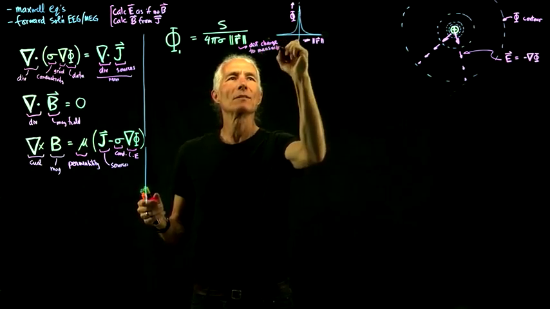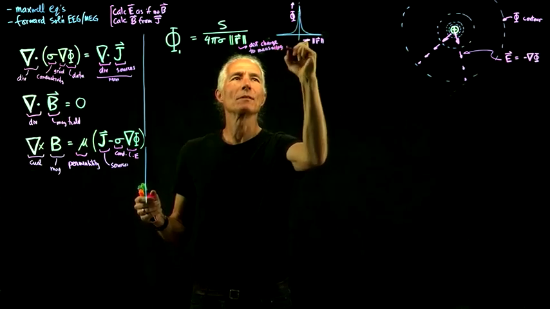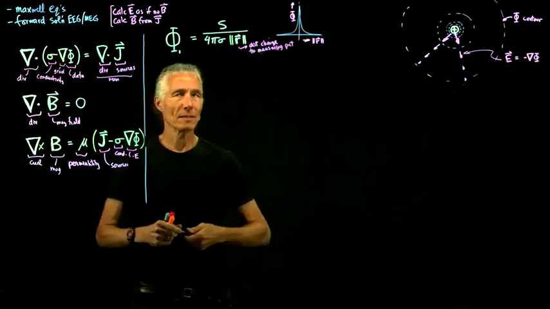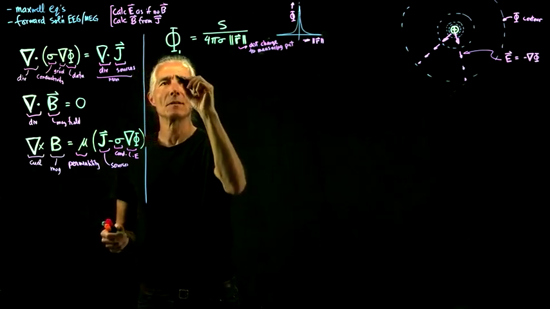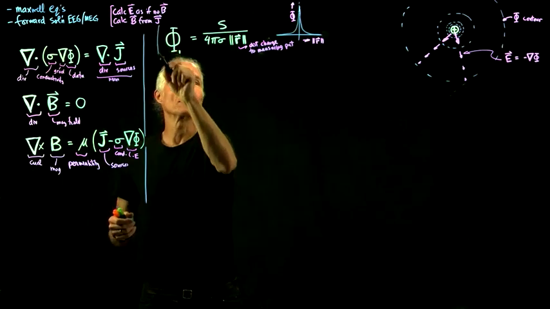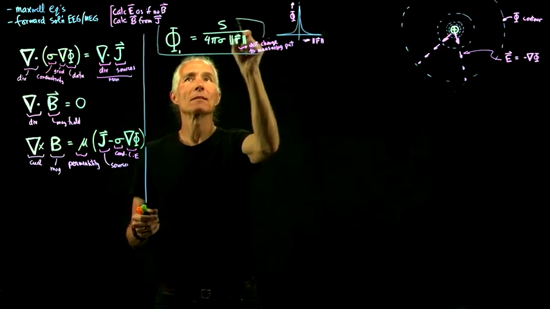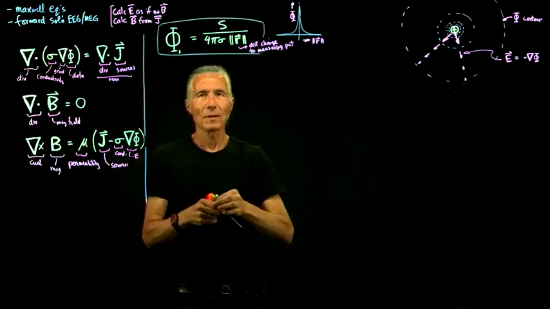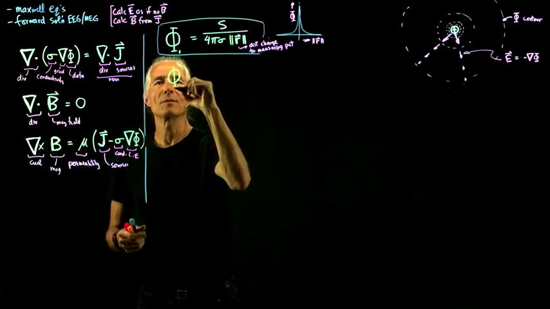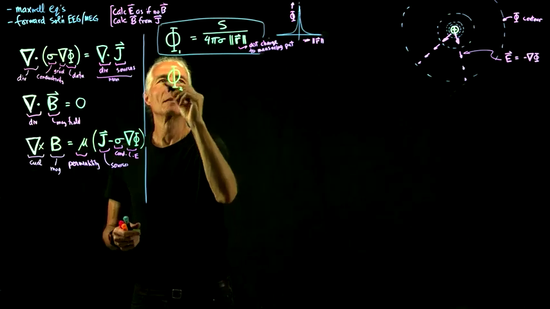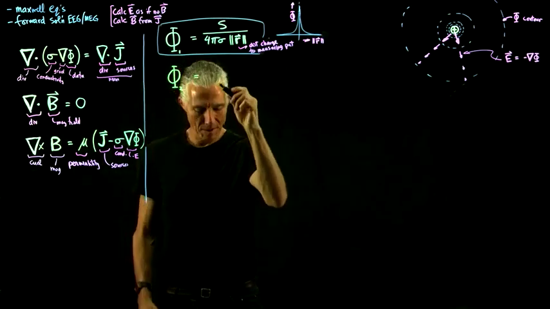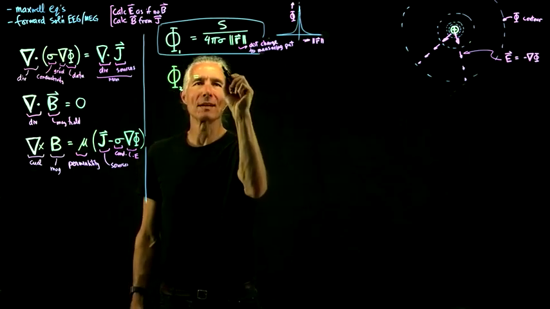Now we just do the same thing for two opposite charges. The simple one is not inverse square, it's just inverse. But if we look at two charges and do the same thing, what we get is something that at a distance boils down to inverse square.